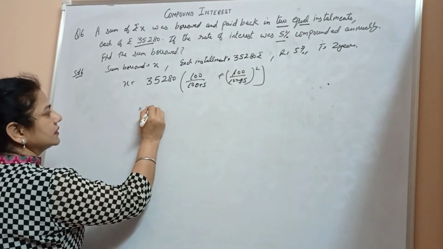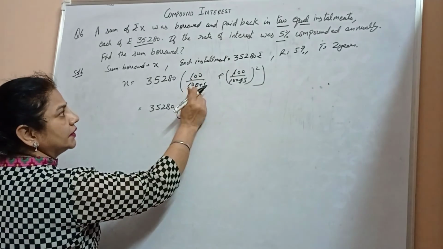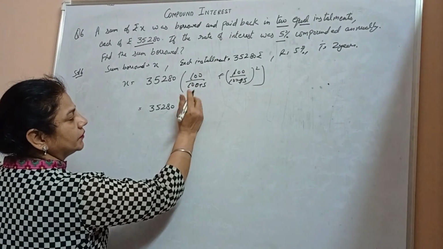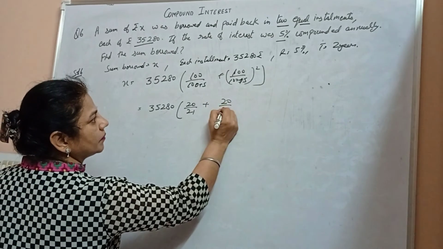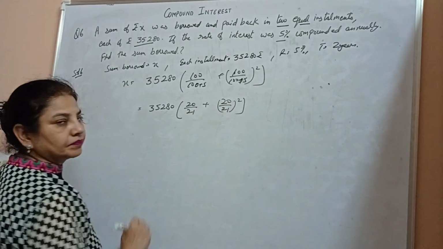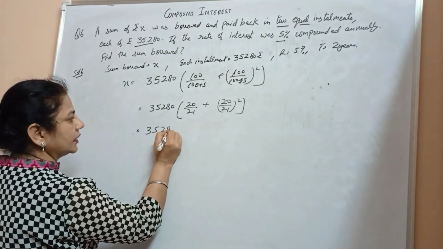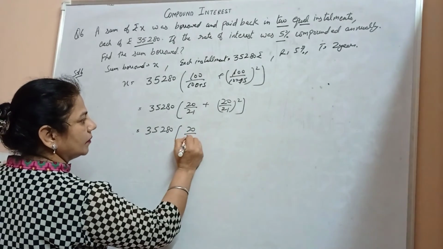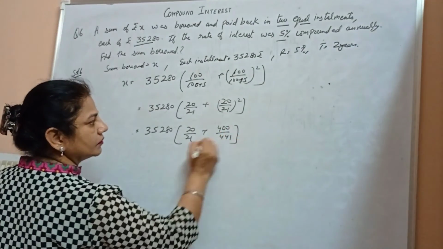This gives me the result as 35,280 times, 100 upon 105 is 20 upon 21, plus 20 upon 21 whole square. Again solving, 35,280 times 20 upon 21 plus 400 upon 441.